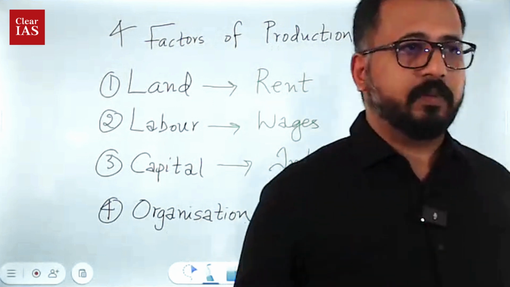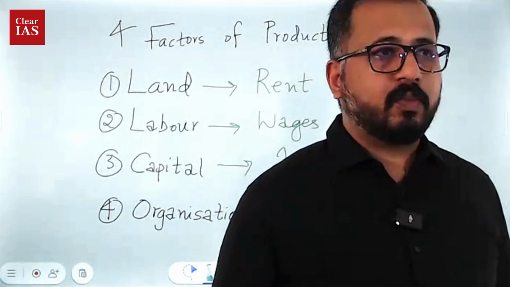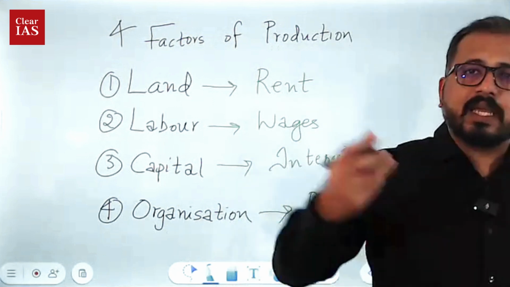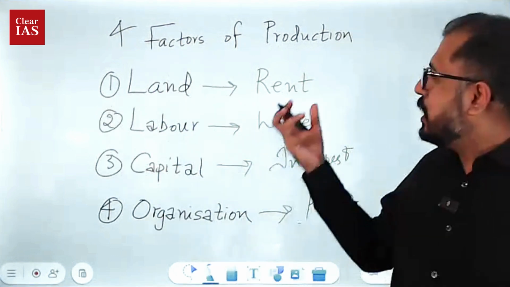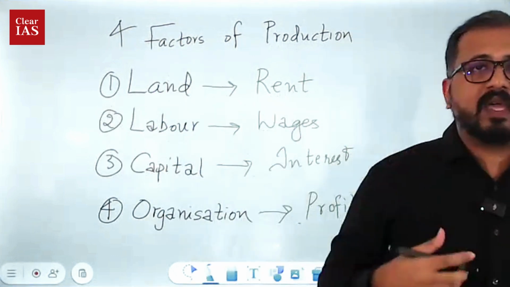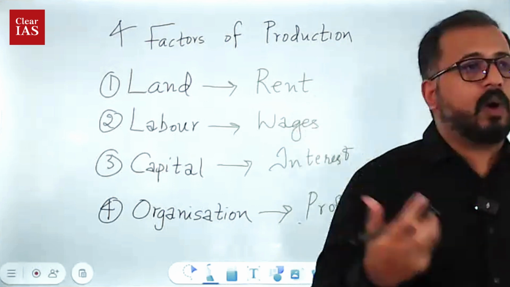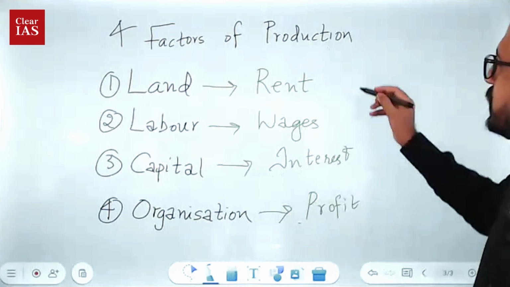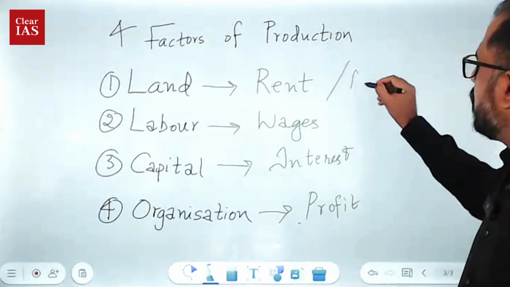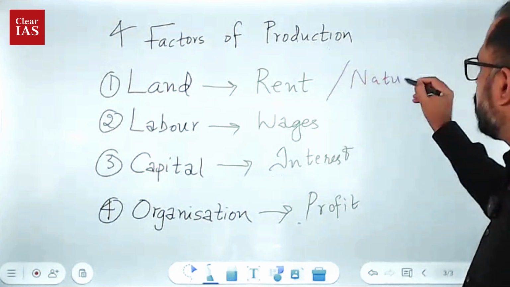So they will be using the broadband spectrum, so that comes under land. They will be giving the rent or license fee to the government because they are using a natural resource. So instead of land, we can say natural resource.